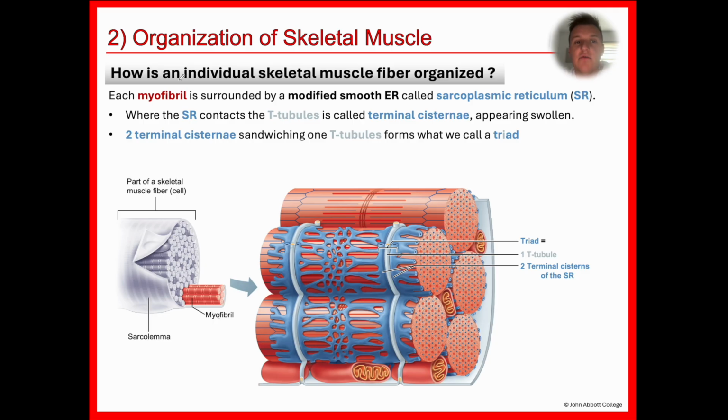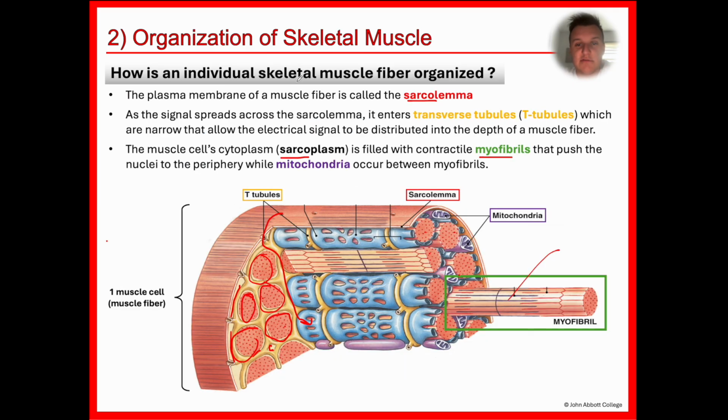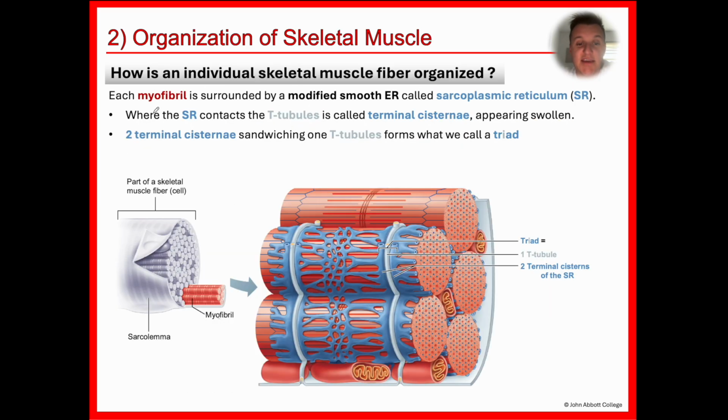So, how is an individual skeletal muscle fiber organized? Here's my one muscle cell, my muscle fiber. Here's the sarcolemma over here. Here is one myofibril, 2, 3, 4, 5 myofibrils, right? I'm zooming in on that.